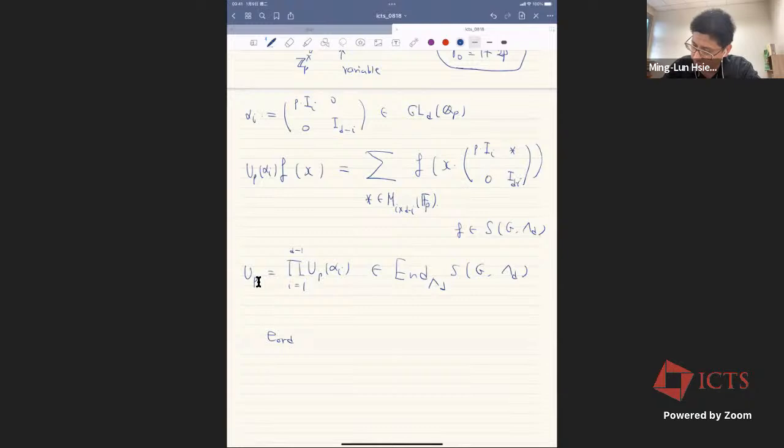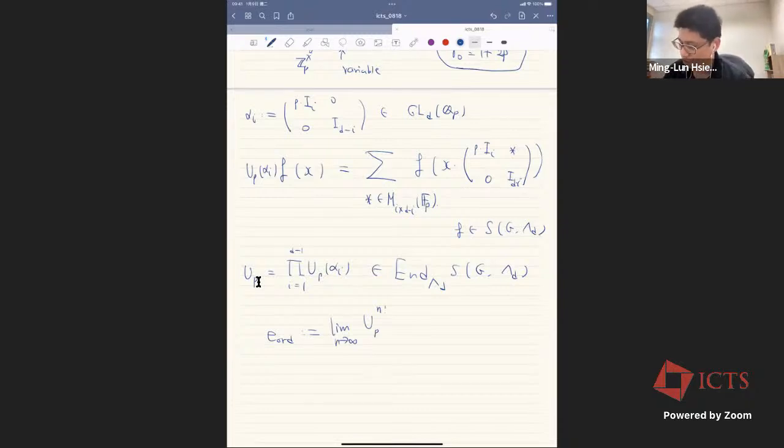Then we can define the ordinary projection, Hida's ordinary idempotent, to be the limit of U_p to the n factorial as usual.